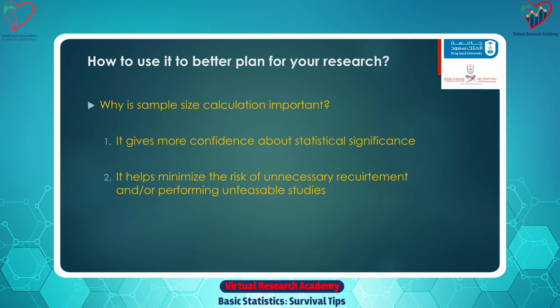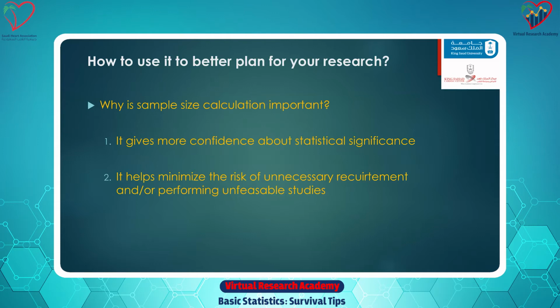One, it gives us more confidence about the statistical significance. I showed you for the same intervention, you can get statistical significance by just increasing the sample size. But if you calculate the sample size before you collect data and then you find it, it is less likely to be due to chance.